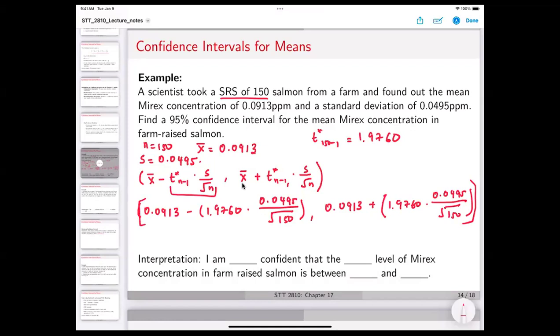So you see, this is how to compute the confidence interval manually. And so now you can use your calculators. Let's use our calculators to get that. So why don't we multiply this first? Let's try to do that.